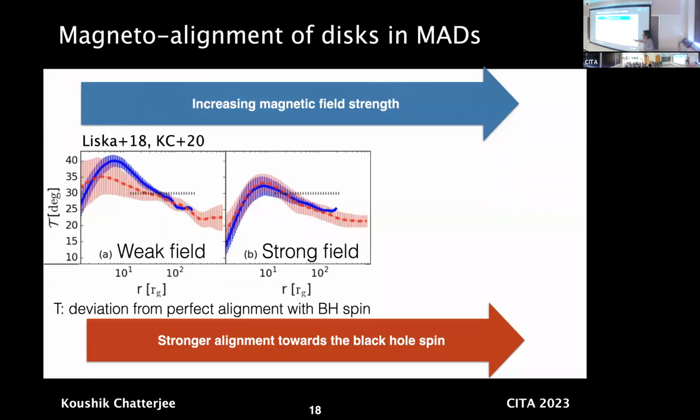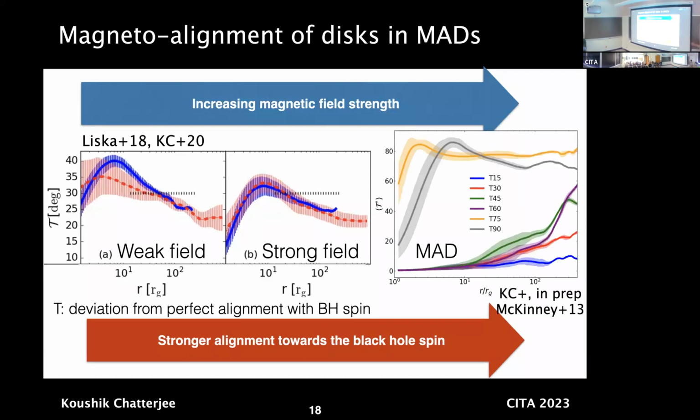So over here, what I just wanted to quickly show is deviation from perfect alignment. So if you start out with a misaligned disk, what happens if we steadily increase the magnetic field strength? What you see in general is that while the outer part remains misaligned by some degrees, increasing the strength of the magnetic field makes the jet try to align the disk towards the black hole more and more.